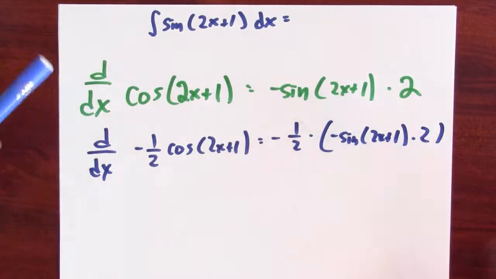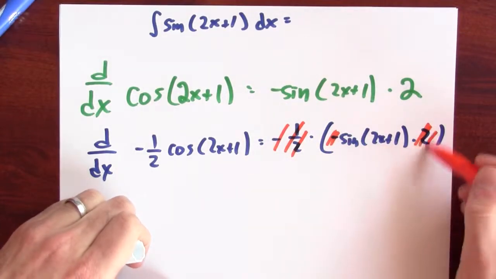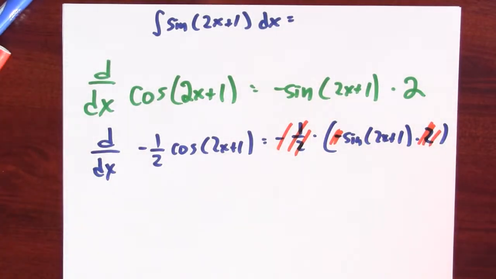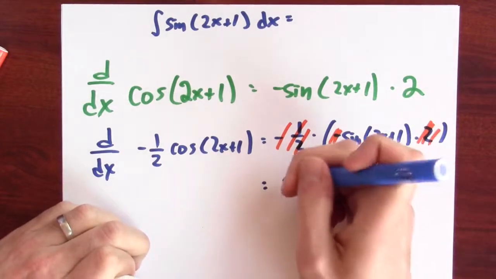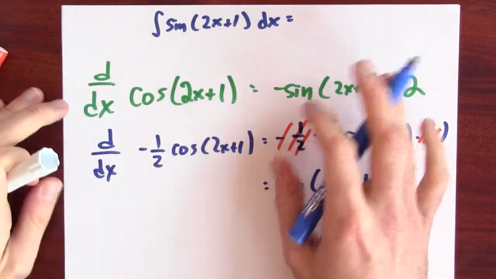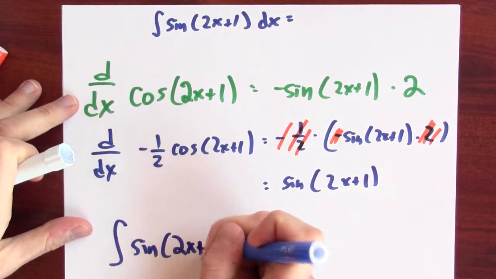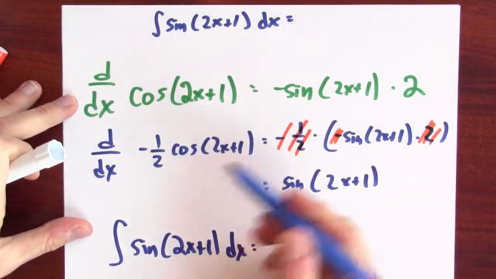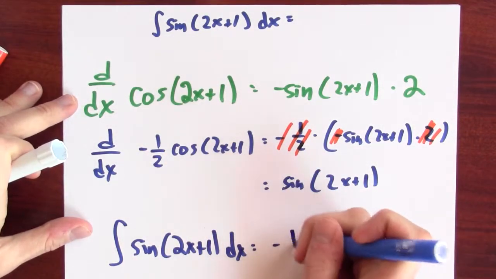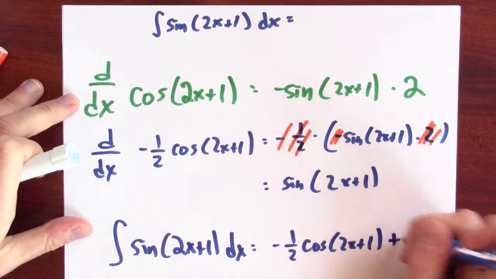And now the good news is that the minus 1/2 and this minus sign and this 2 cancel, and what I'm left with then is just sine of 2x plus 1, which means I've found an antiderivative, right? An antiderivative for sine of 2x plus 1 is, according to this argument, negative 1/2 cosine 2x plus 1 plus some constant c. I can see a bit of a general principle here.